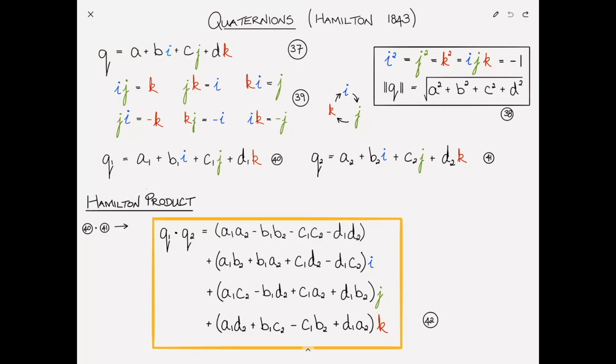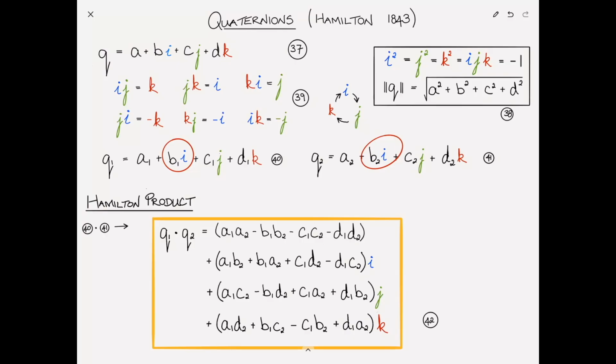And let me also just mention at this time, for those of you who are wondering what just happened here, I'm really presenting you some of the results without going through all the math detail. But for those of you who are wondering how I came up with this equation, if I multiply Q1 and Q2, you do this just the way you would expect to do this, where I've got to multiply A1 times each of these components. And that's what gives me the A1A2, A1B2I, A1C2J, and A1D2K, for example. When I multiply the components containing I, J, and K, I would, for example, get a B1I and a B2I.